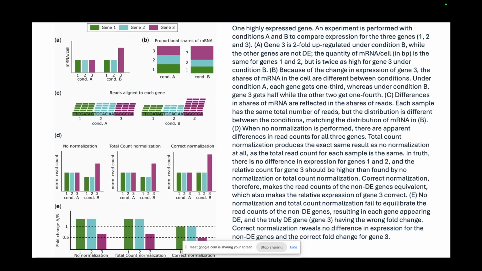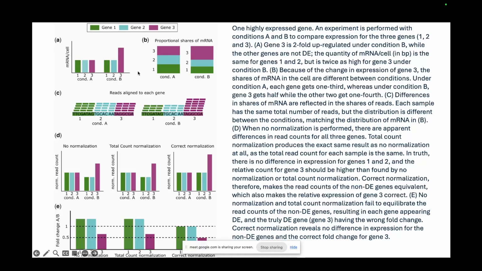So here is a good example of what can happen if you don't do normalization. These are highly expressed genes, and an experiment is performed with conditions A and B to compare expression for three genes, gene 1, gene 2, and gene 3, across two different conditions. In the first section, gene 3 is twofold upregulated under condition B, while the other genes are not differentially expressed, right?